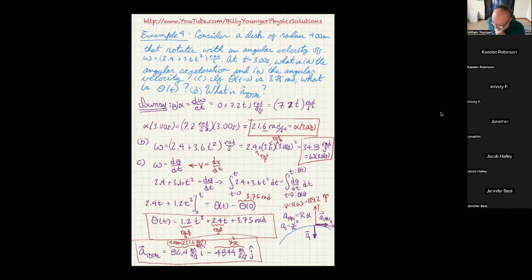So if we have an object that's going around this way, which looking from above is counterclockwise, looking from below is clockwise, then all I do is I take my right hand and I curl my fingers in the direction it's rotating. Remember, looking from above, that would be counterclockwise. Then my thumb points in that direction.